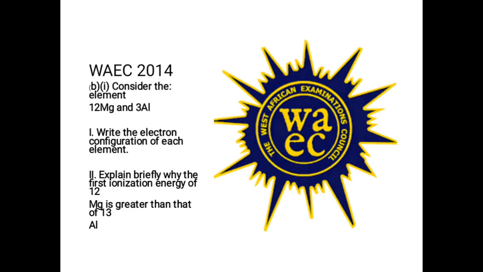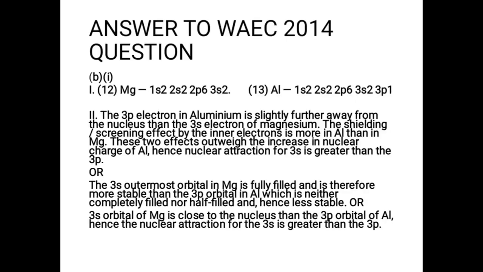Okay, so let's look at question 2. WAEC 2014, you have to consider elements magnesium and aluminium, which is 13. Sorry, magnesium is 12 and aluminium is 13. You have to write the electronic configuration and explain why the first ionization energy of 12 is greater than that of 13. This is the electronic configuration, and then the 3p electron in aluminium is slightly further away from the nucleus than the 3s electron of magnesium.